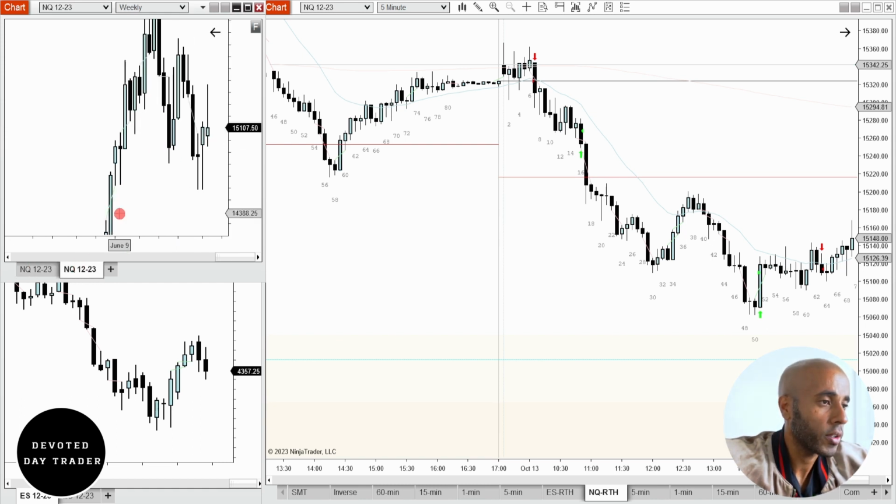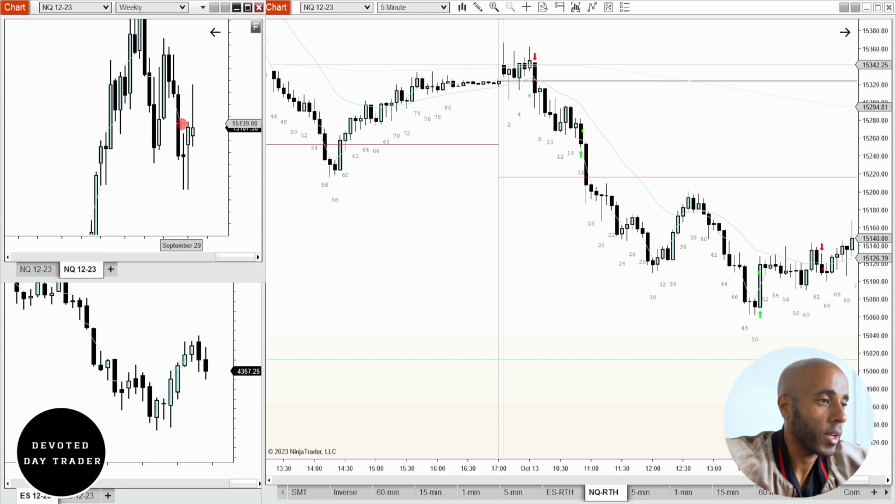And on the weekly chart, yesterday it took out this high, and it tested 50% of this tail, and then 50% of these two weekly candles.